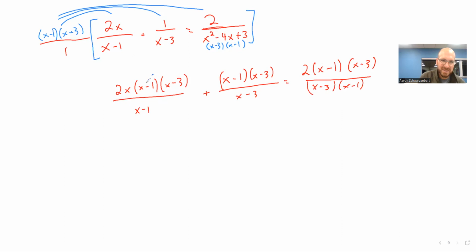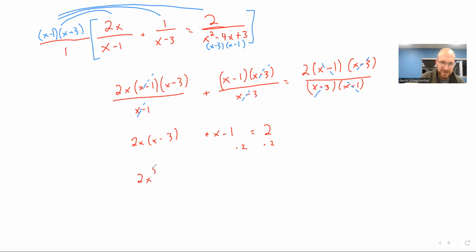And I'm going to start canceling things. The x minus 1s cancel here. The x minus 3s cancel here. The x minus 3s cancel here, and the x minus 1s cancel there, giving me 2x times x minus 3 plus x minus 1 equals 2. I'm going to distribute and subtract 2 from both sides.